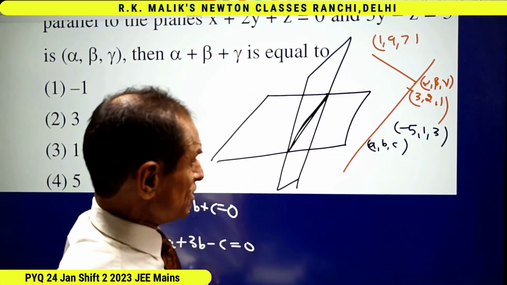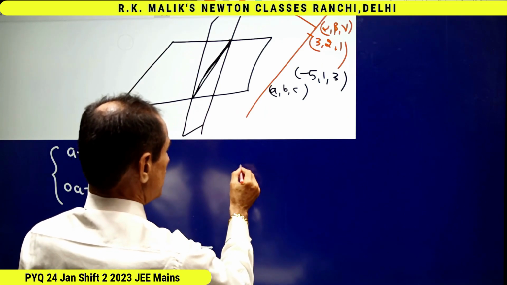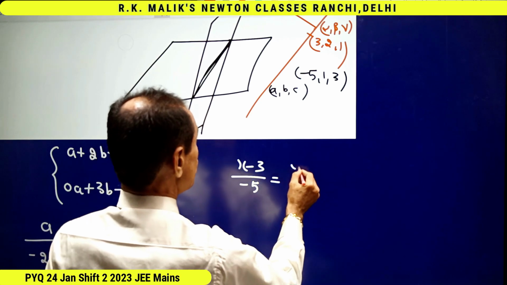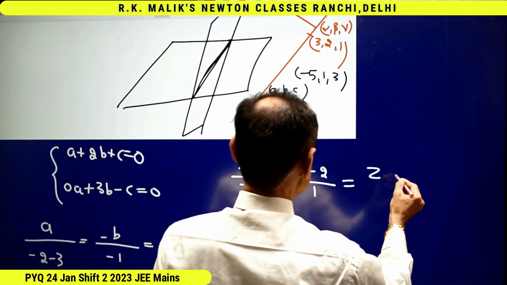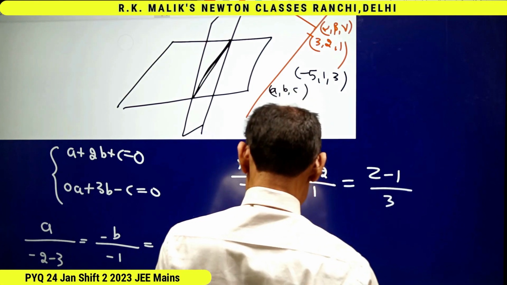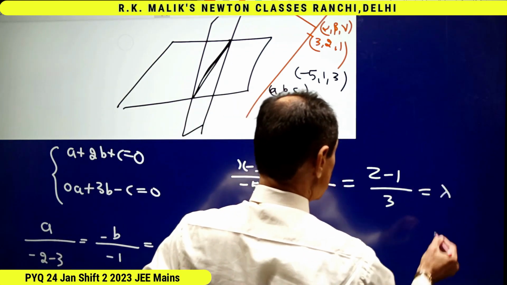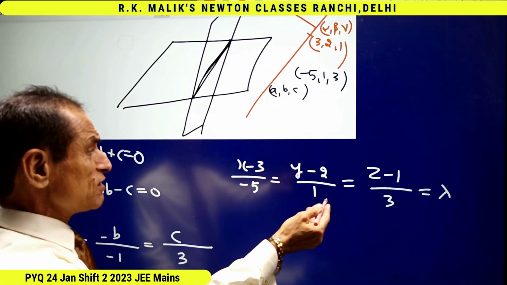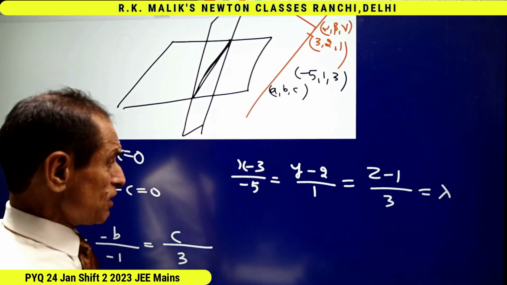Therefore, the equation of this line will become (x minus 3) by minus 5, (y minus 2) by 1, (z minus 1) by 3. If we put it equal to lambda, then the values of x, y and z we get will lie on this line for every value of lambda.